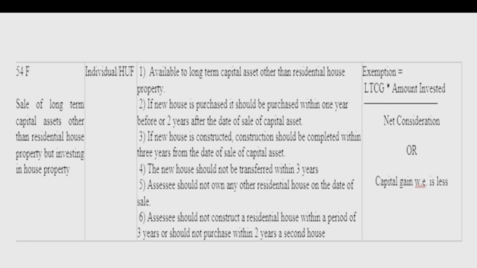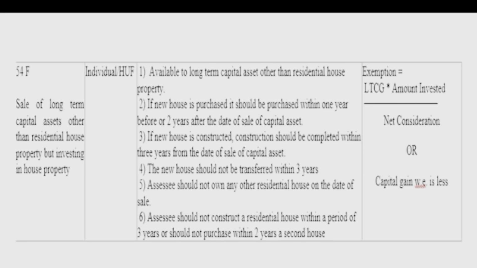And if the entire net sales consideration is reinvested, the full long-term capital gain is exempted, else a proportionate amount depending on the formula. Here you have the formula: long-term capital gain multiplied by the amount which he is investing, divided by net sales consideration. Net sales consideration means your sales amount minus your selling expenses.